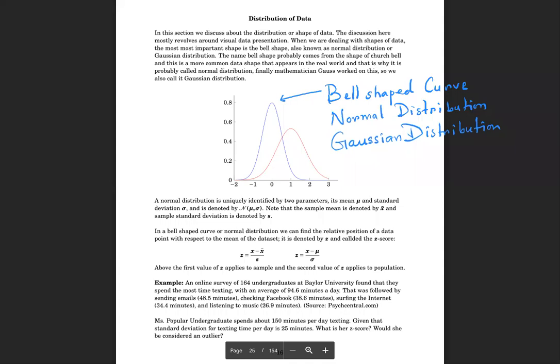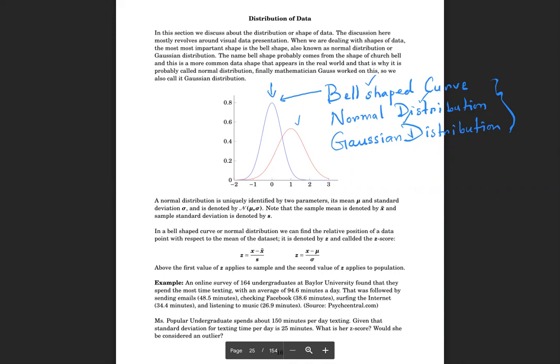Depending on who you're talking to, they might use one of these different variations. Bell-shaped distribution is something that looks like a bell, like a church bell. If you look at a church bell from the front, this is the shape you see. So people may call it bell curve, normal curve or Gaussian curve. All of these mean this thing.